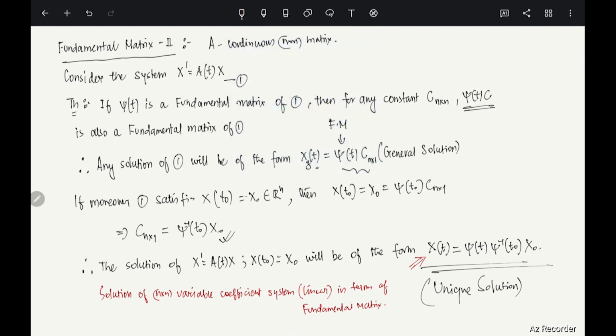Now let's look at the next part. Now we are going to talk about something called the adjoint system.